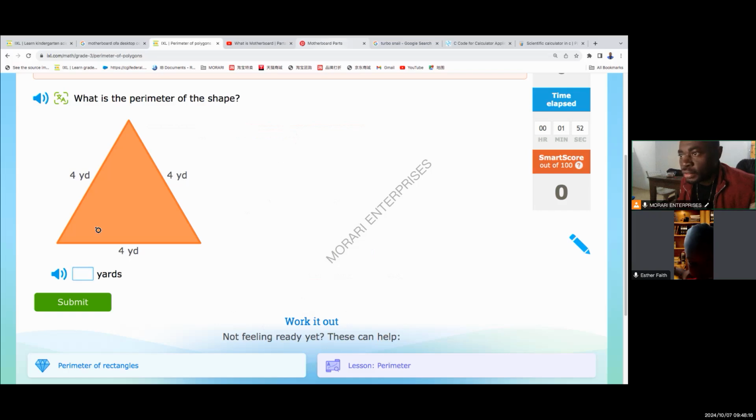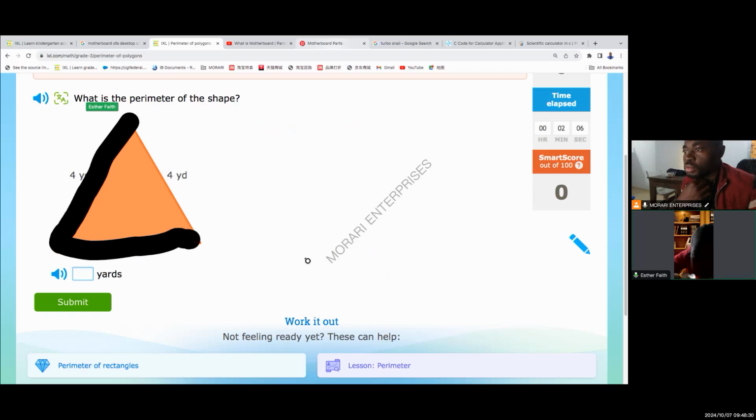All right, so let's go. What is the perimeter of this shape? Read the question and answer. What is the perimeter of this shape? 4 plus 4 plus 4 equals 12.